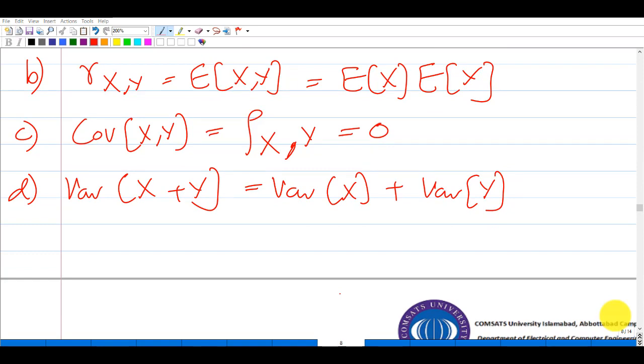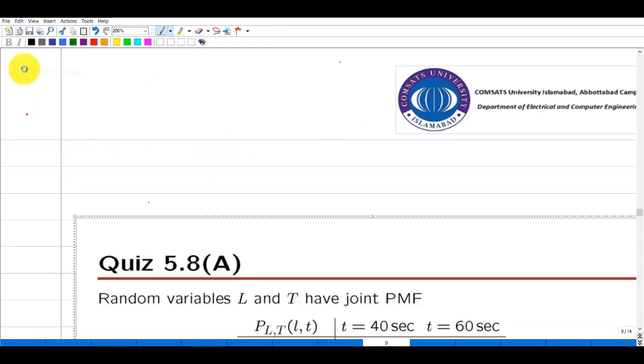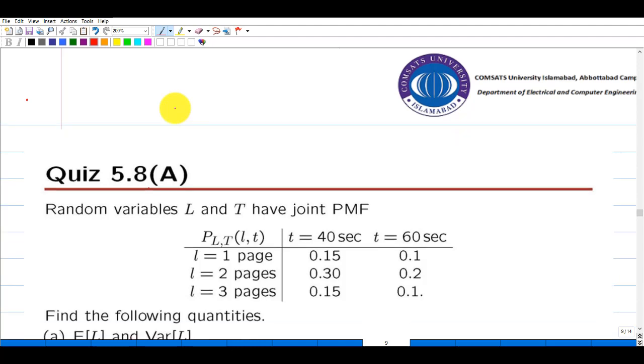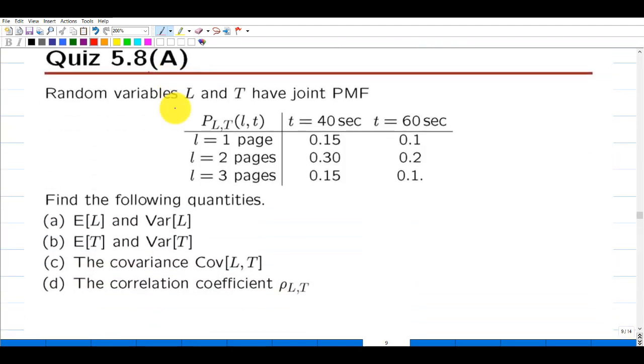So let's look at an example. It is quiz 5.8a. It's for discrete random variables. So we have been given this joint PMF.